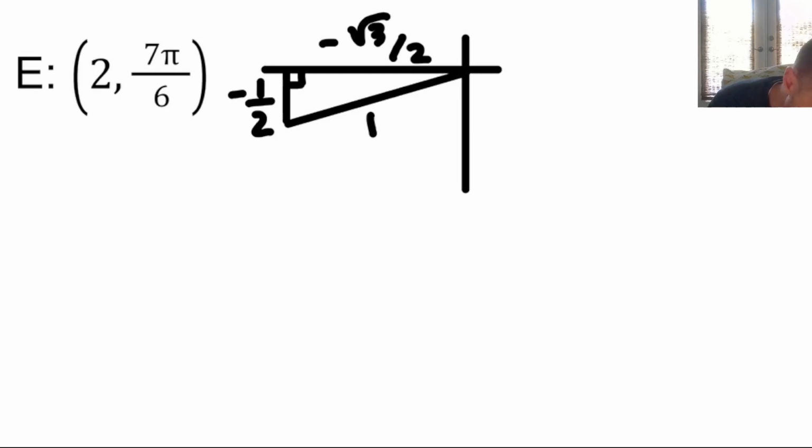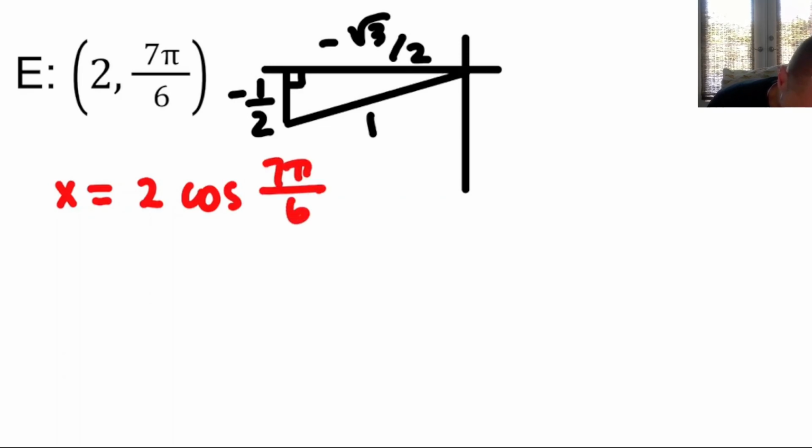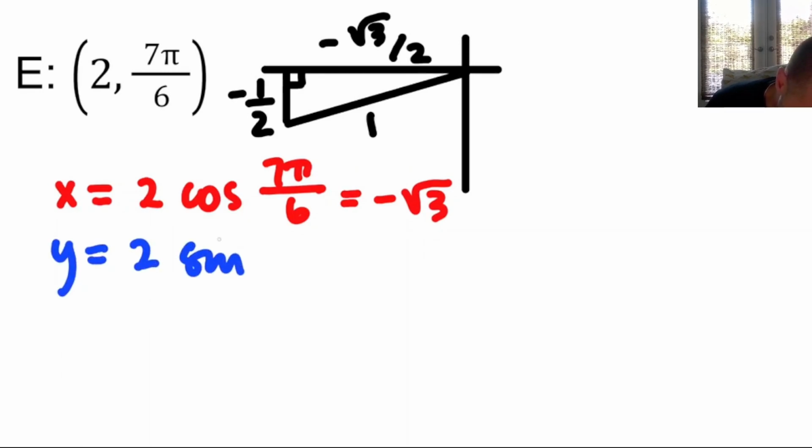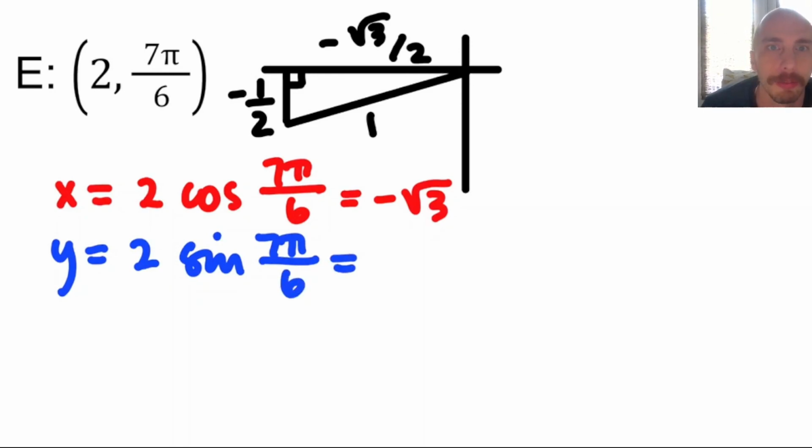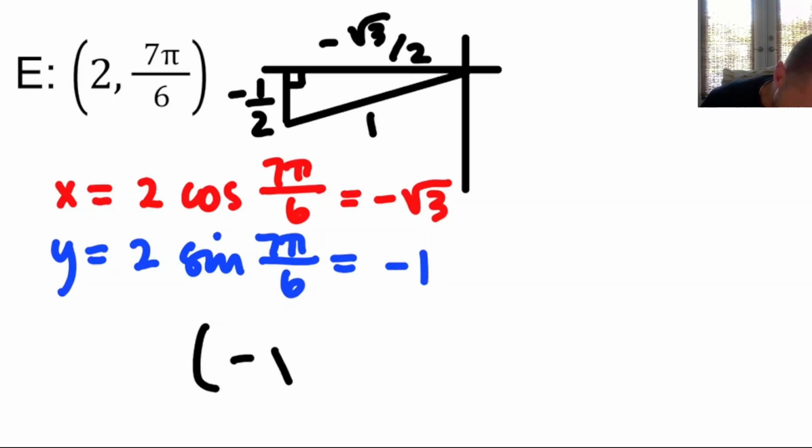So I'm thinking x is r cosine theta. And cosine is negative root 3 over 2, so 2 times negative root 3 over 2. Well, I'll just cancel off the 2's. And I get negative square root of 3. And then y is going to be 2 times the sine of 7 pi over 6, which is 2 times negative a half, which is negative 1. Okay, and so if I was going to write these as a coordinate pair, negative root 3 and negative 1.